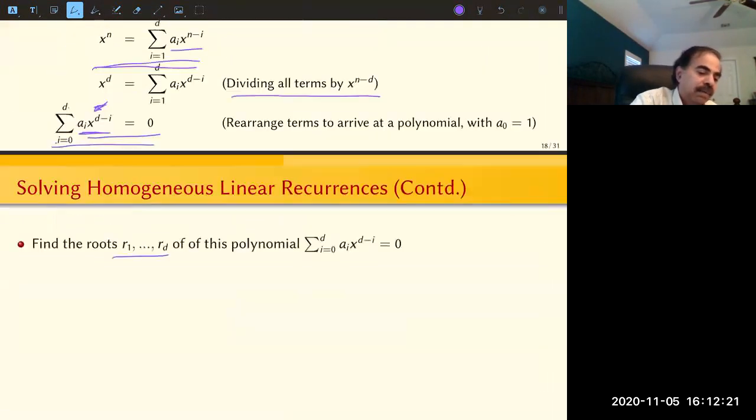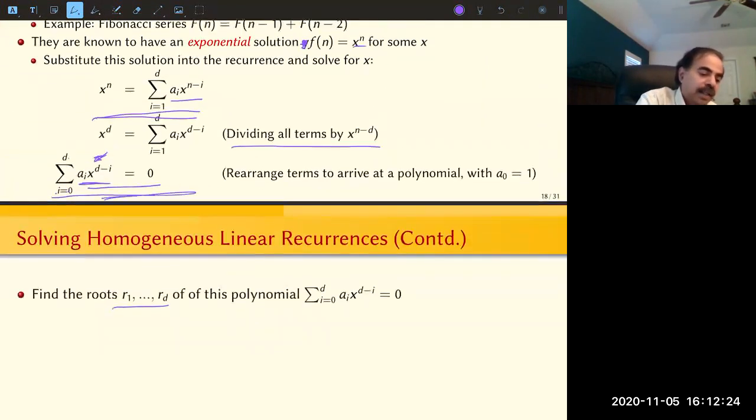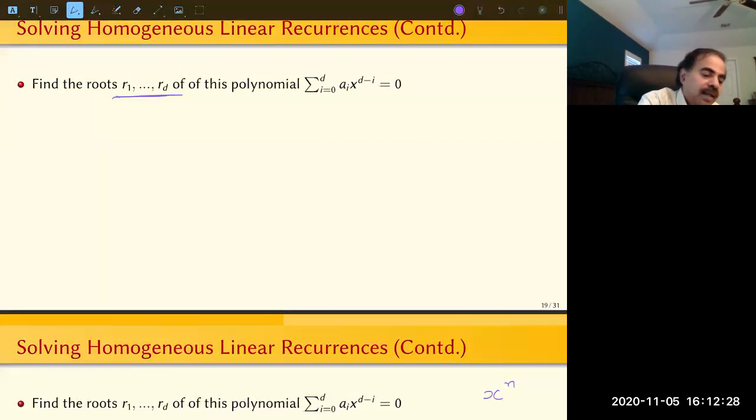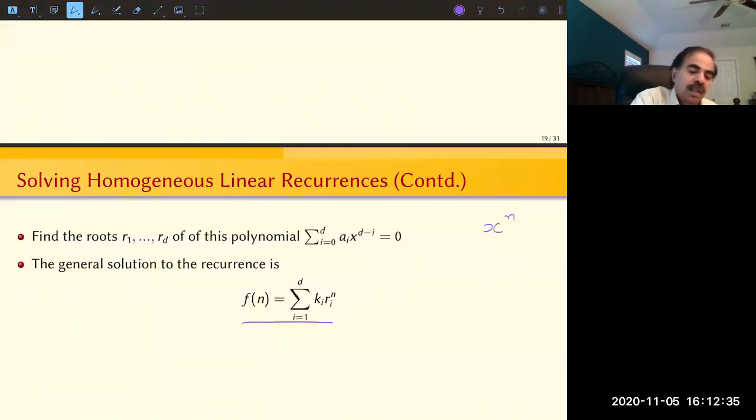All this equation solving here is meant to find what this x is, and the value of x is nothing but the roots of this equation. So we know that the solution is like r1 to the power n. We can say f of n could be of the form r1 to the power n. But this is not a general solution because there are d roots.